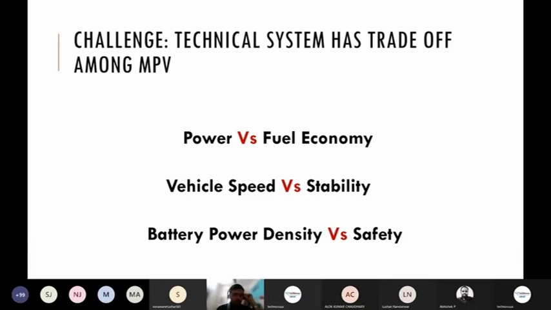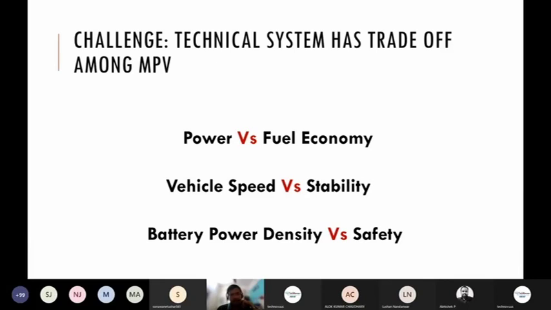You will compromise on the stability of the vehicle. Sometimes vehicles start shaking. You can always improve vehicle speed, but then something else goes wrong, right? You need to be very clear about these trade-offs so that we have the right balance.